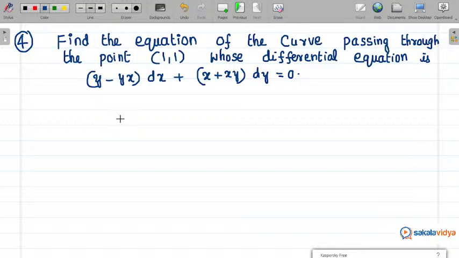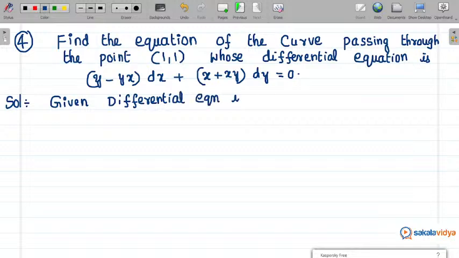Okay, let us solve. First of all, write down the given differential equation: (y − yx) dx + (x + xy) dy = 0.